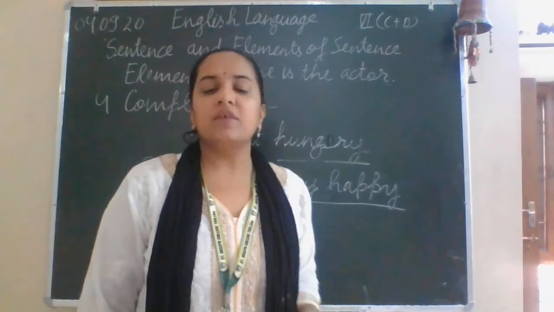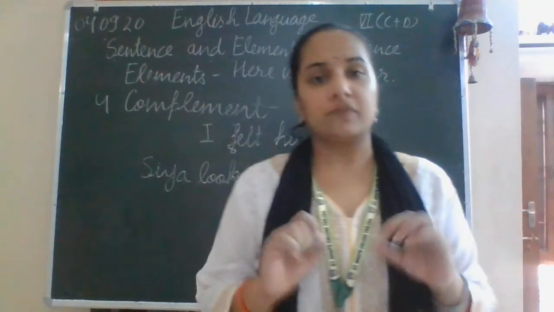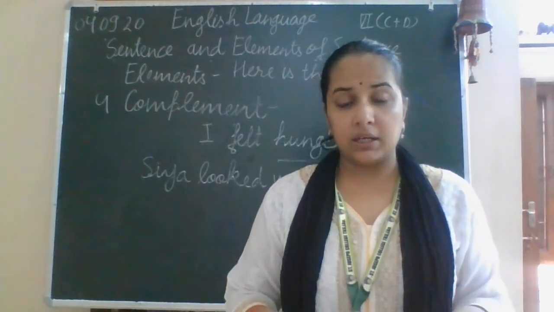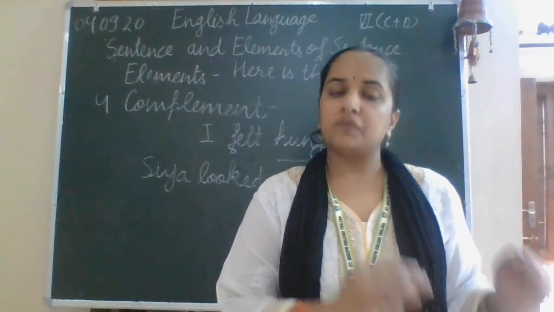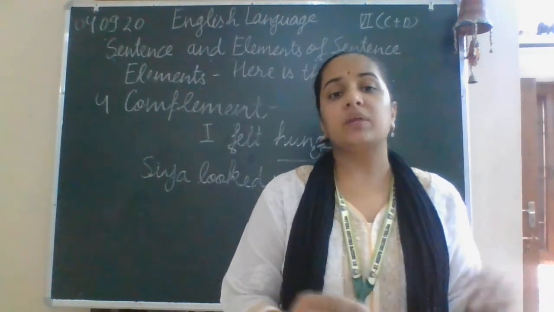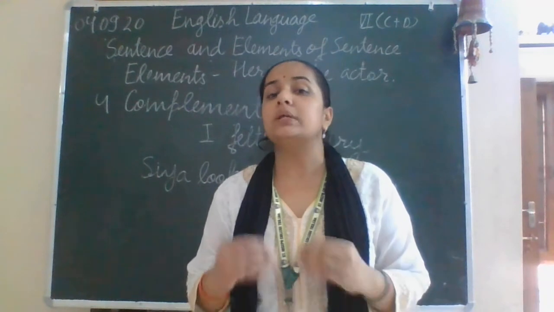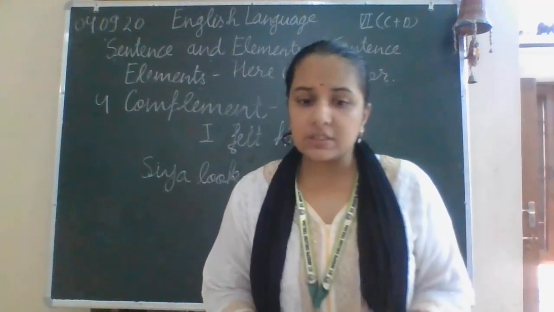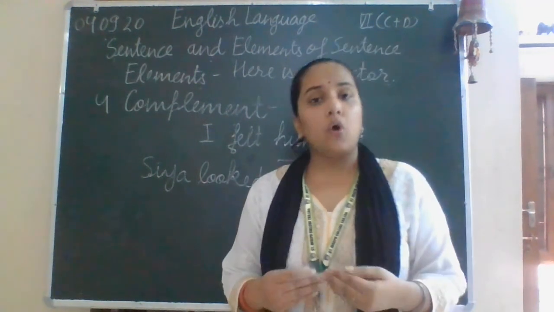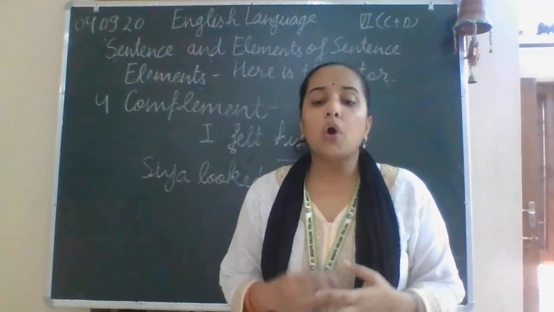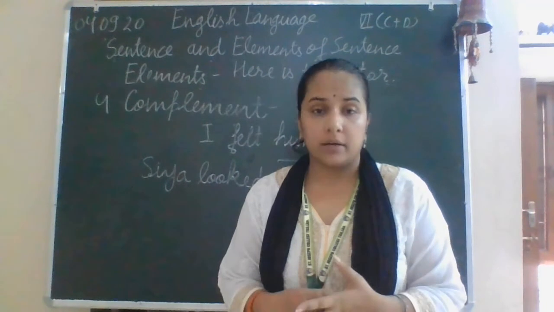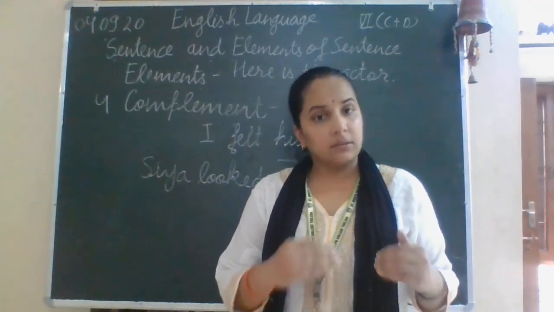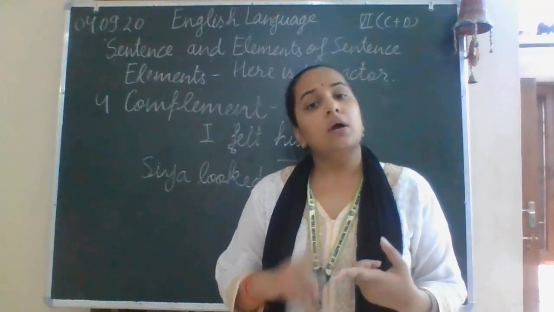So in this way we have the four elements of the sentence: the subject, about whom we are talking; the predicate, the rest of the portion of the sentence which tells something about the subject and usually has a verb. What is the object? A person or thing to whom or to which something is done, meaning for which the action takes place in the sentence, that is the object.